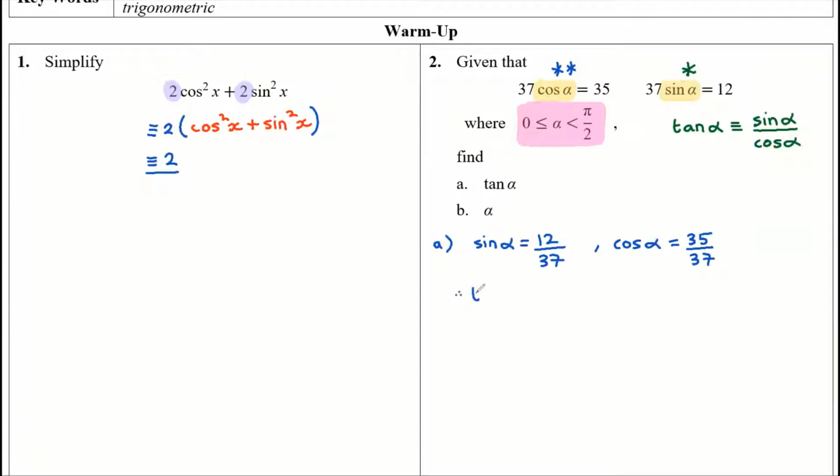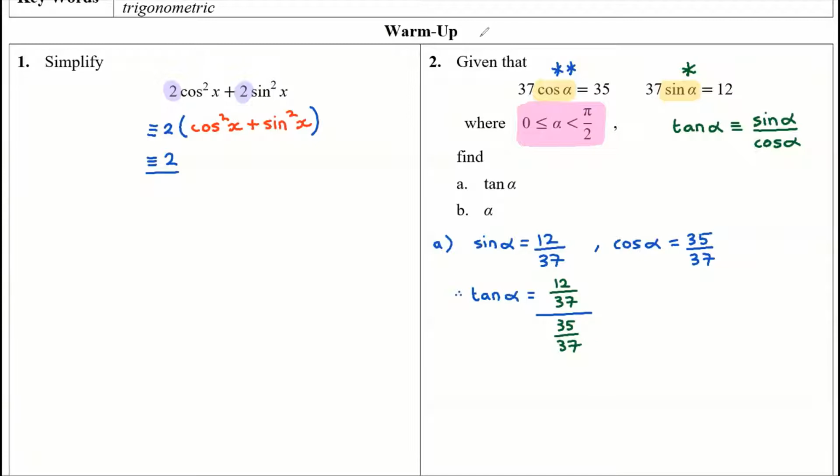So the tan alpha is simply going to be the sine alpha divided by the cos alpha. So I'll write them explicitly. The sine alpha is, of course, 12 over 37. And then I'm going to divide that by the cos alpha, which is 35 over 37. All right, and it looks complicated, but remember, we can clear this fraction really easily.